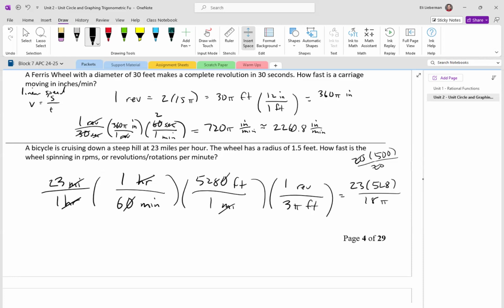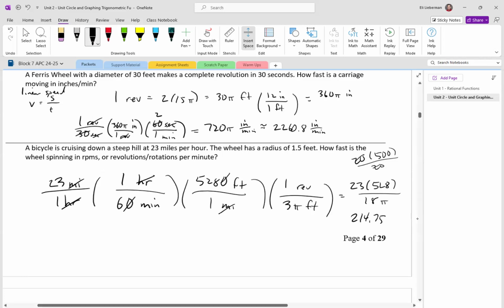So that's 2,000? Oh, actually, it's going to be less than 500 because it's still divided by pi. It's going to be like 200 something. 214.75? Whoa. Yeah, I got that.